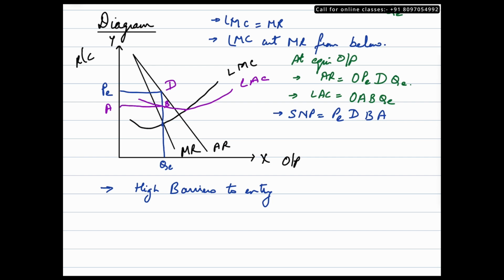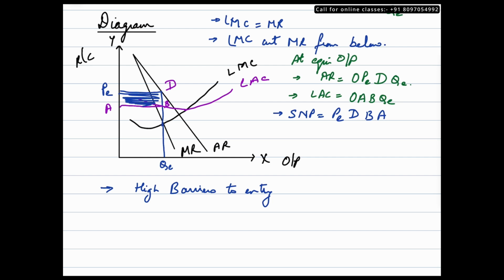And because of that, consumers do not really have any substitutes for the commodity provided by the monopolist. Hence, as I mentioned right in the beginning of the video, they are compelled to buy the commodity or the service from this monopolist. And because of this, the firm would be able to enjoy this supernormal profit.